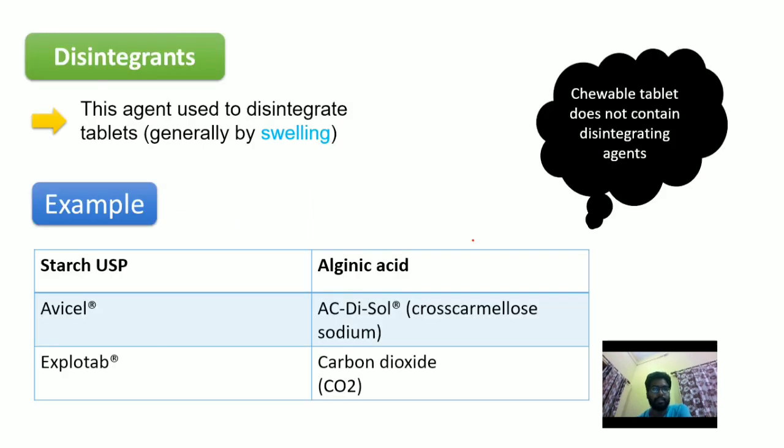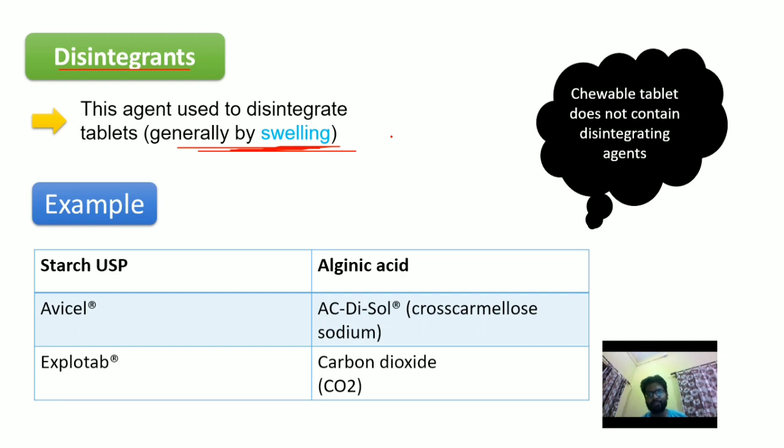Then coming to the next ingredient, disintegrant. Disintegrants are the agents which help to disintegrate the tablet within the stomach or within the small intestine, and they do this generally by swelling.